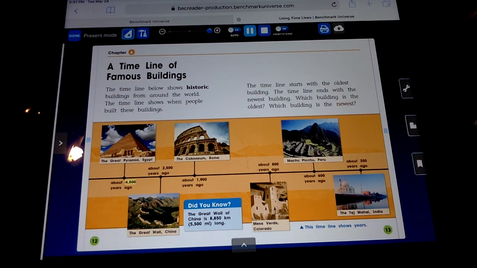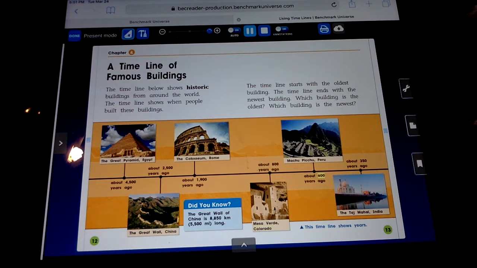About 4,500 years ago, the Great Pyramid, Egypt. About 2,500 years ago, the Great Wall, China. About 1,900 years ago, the Colosseum, Rome. About 800 years ago, Mesa Verde, Colorado.